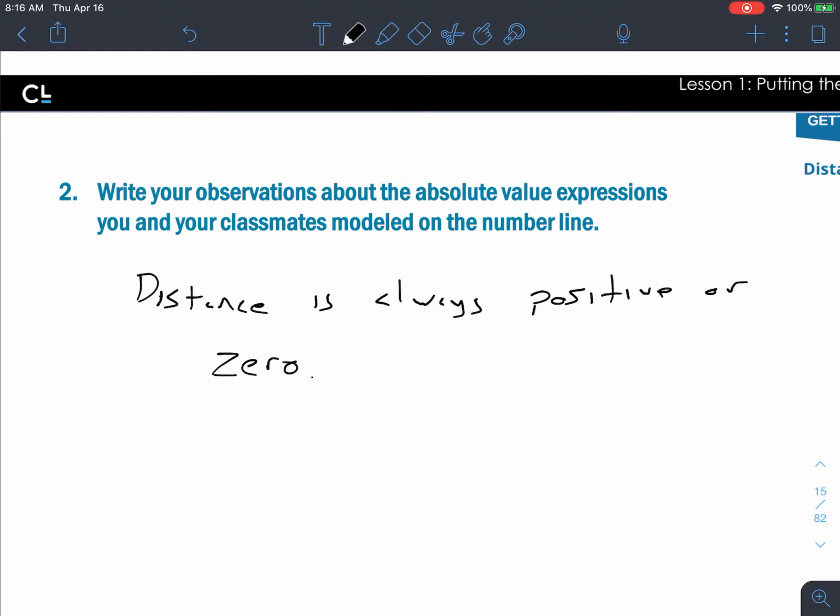That'd be the answer I'd say. So whatever the distance, if it's a -2, it's always going to be turned into a +2 if you have the bars by it.